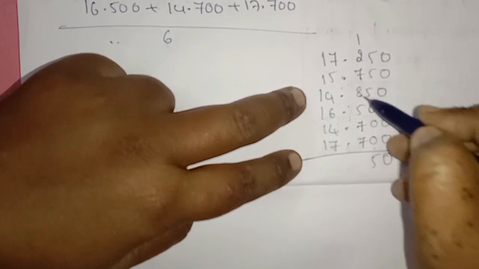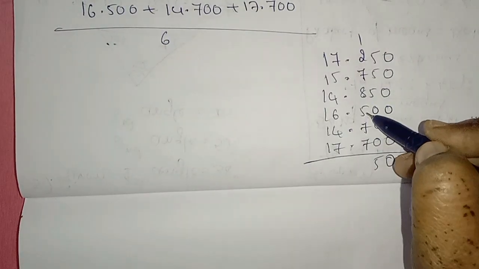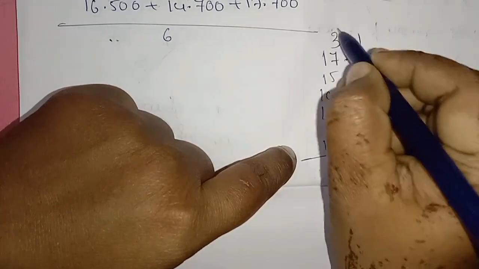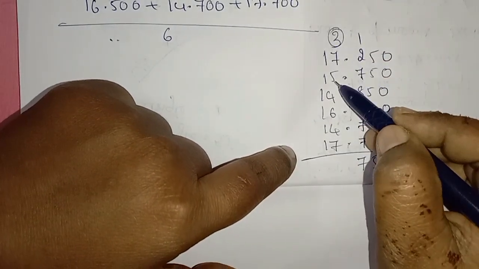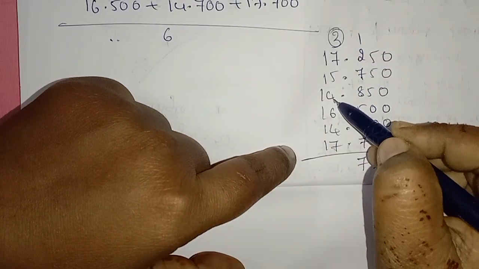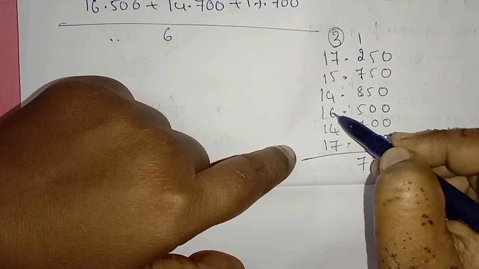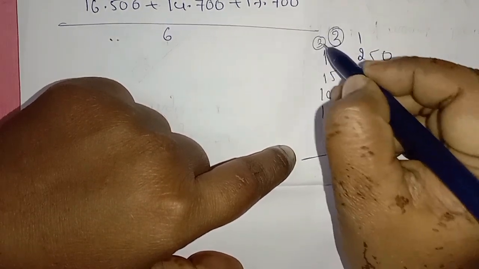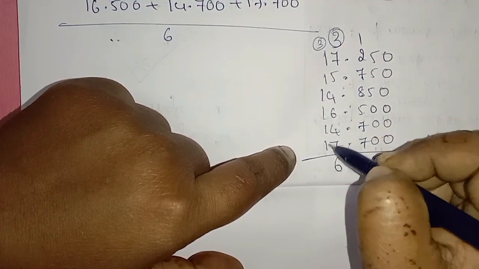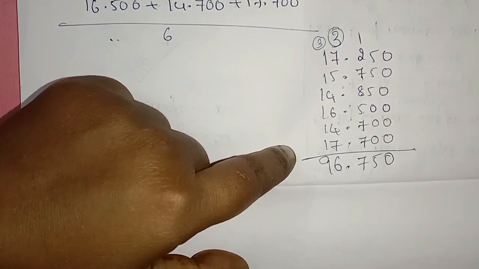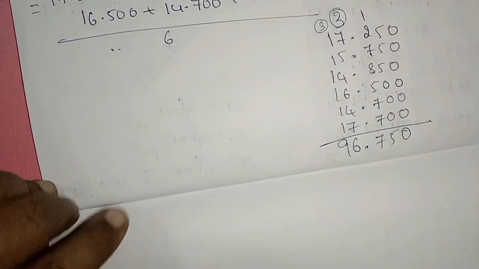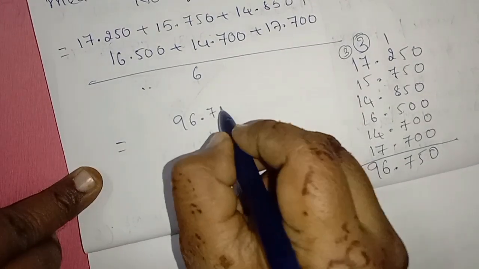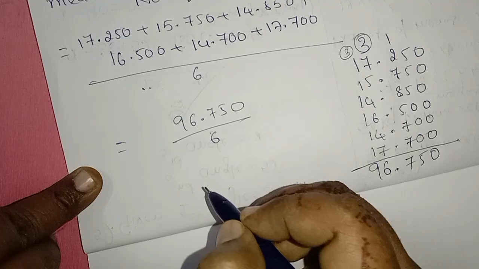So 10, 18, 23, 30, 37. 3 carry 10, 15, 19, 25, 29, 36. 3 is your carry, 4, 5, 6, 7, 8, 9, 96.750. Total 96 kgs 750 by 6.